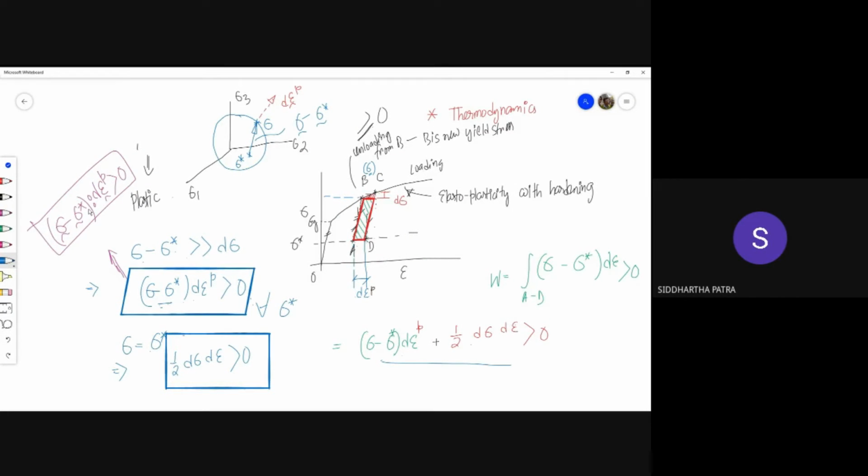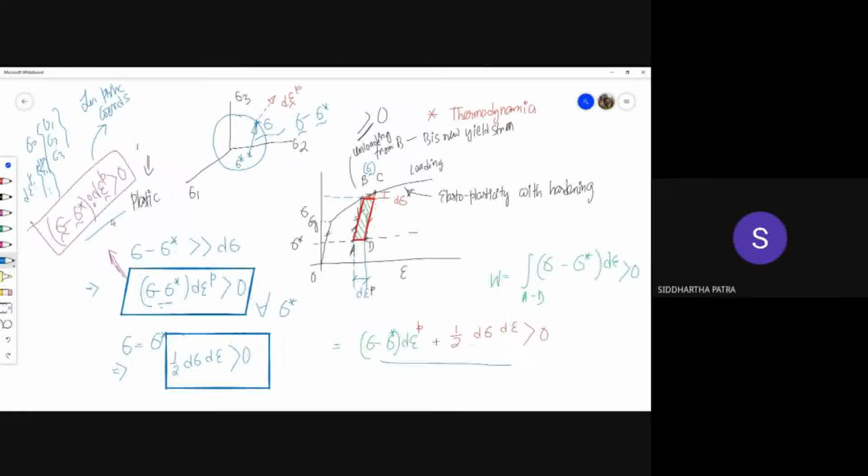Again, when you represent this in principal coordinates, you can represent sigma as sigma 1, sigma 2, and sigma 3, and d epsilon p as d epsilon p 1, 2, and 3, like three-dimensional vectors.